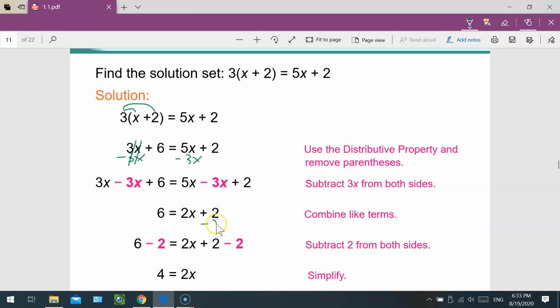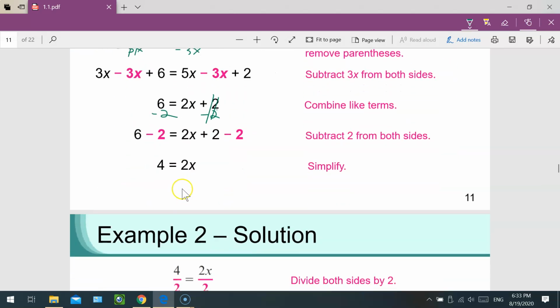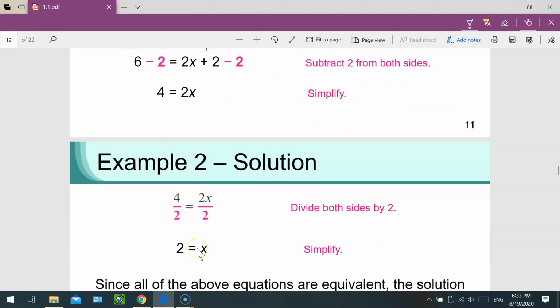Bring the 2 to the left-hand side. It will give you 4 equals 2x. Then you divide by 2 on each side, you'll get x equals 2. So you only have one particular solution. So this one would be a conditional equation. You only have one solution.